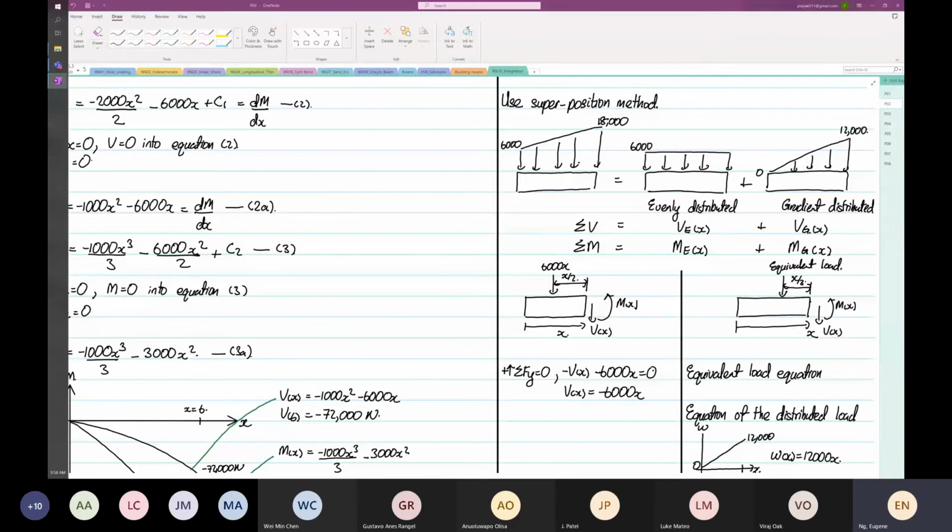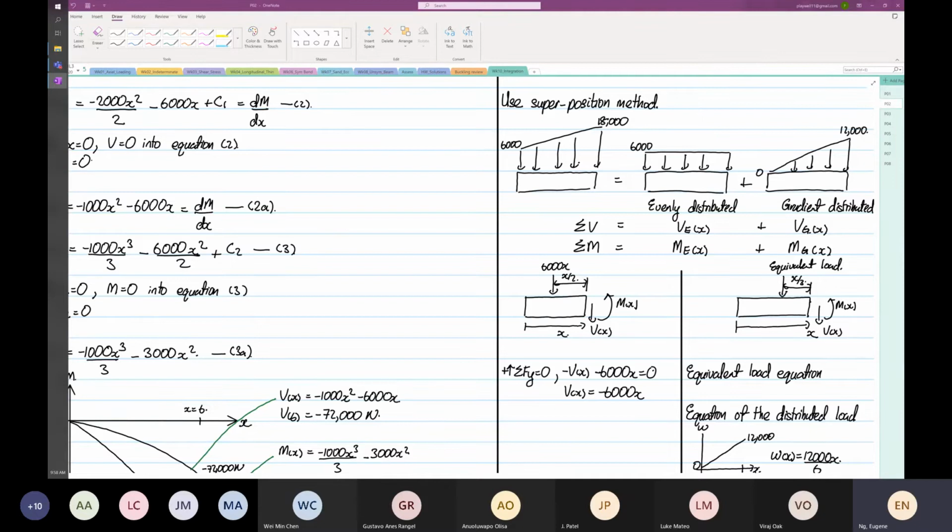Then we are going to integrate. So it's 12,000 divided by 6. Sorry. So this will be equal to 2,000 x. And then the equivalent load will be equal to 2,000.